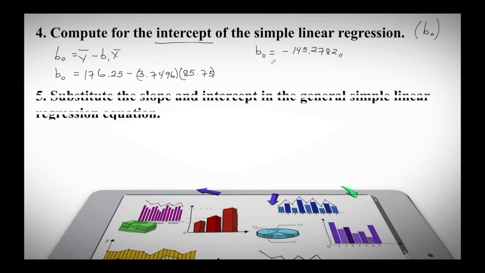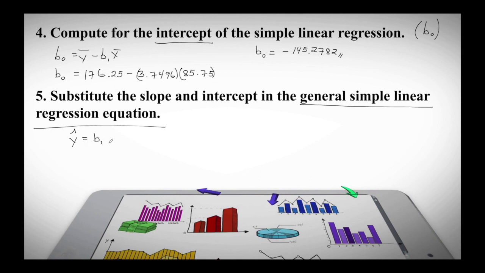So, now na nakuha na natin yung value na yan, we should now substitute the slope and intercept in the general simple linear regression equation. Again, guys, when we say general simple linear regression equation, this is the y hat equals to b sub 1 x plus b sub 0.